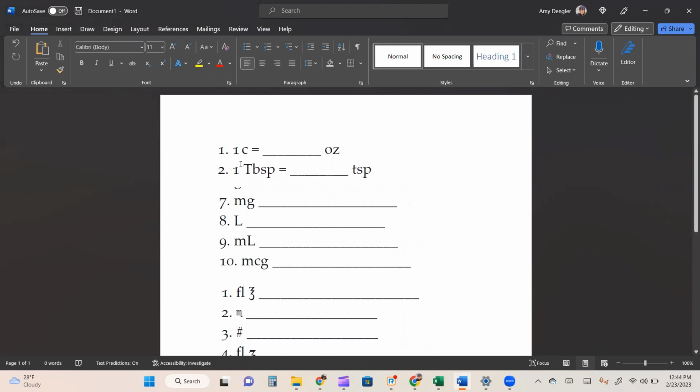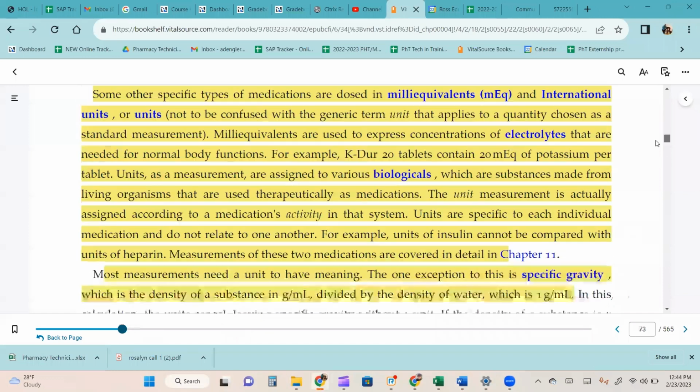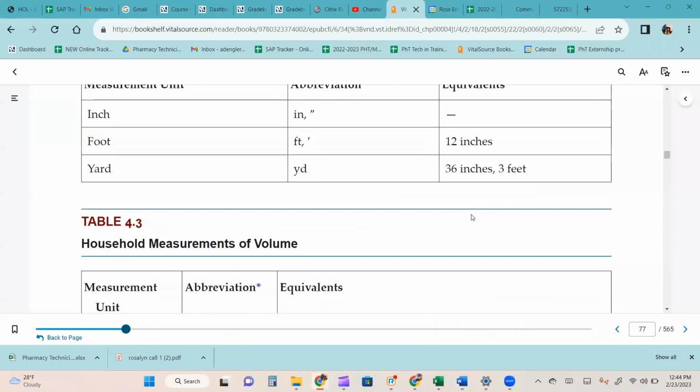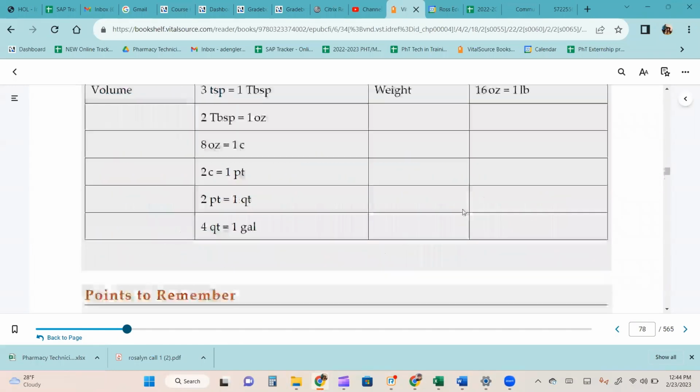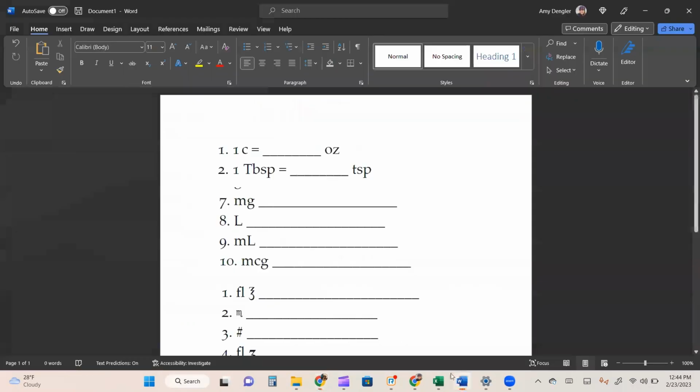So the 1 cup to ounce and the 1 tablespoon to teaspoon. And if we go to our book, that is going to be right here. So 3 teaspoons is equal to 1 tablespoon, and 1 cup is equal to 8 ounces.